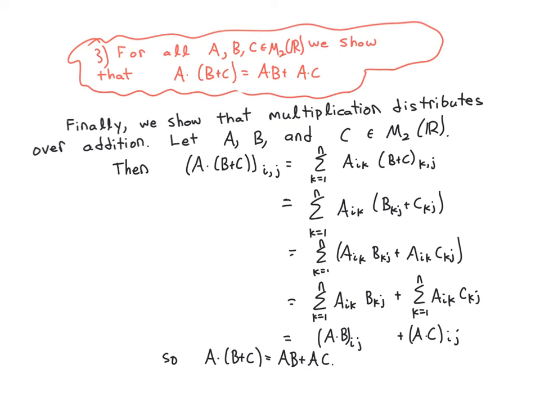And then in doing this addition, you can split the sum into 2 separate sums: the sum over the b_kj's and the sum over the c_kj's.